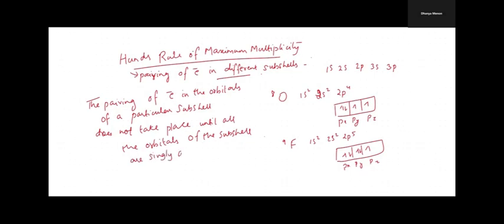So they try to be alone as possible, unpaired as possible, and then if more electrons are there, then they try to pair up.